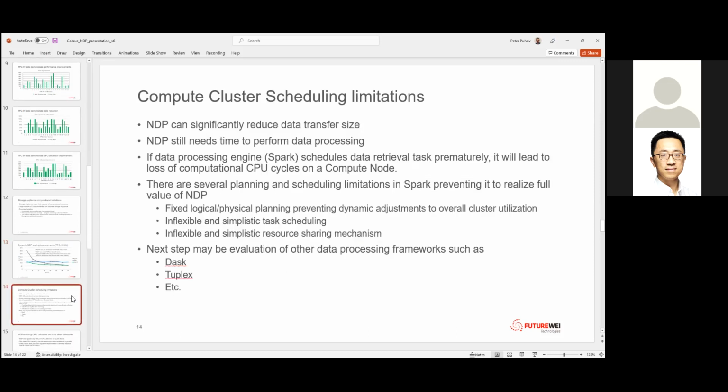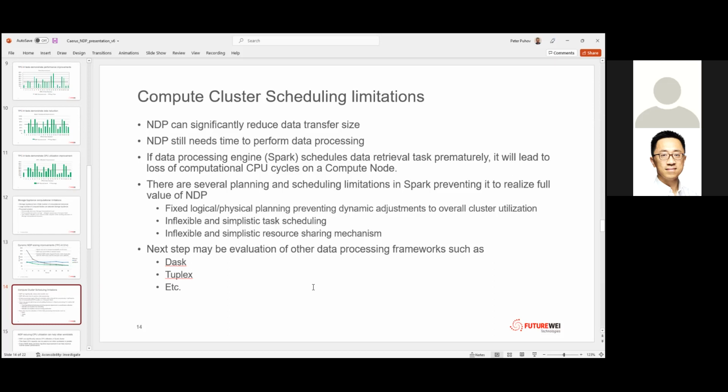The next one is the scheduling limitation. NDP can reduce the data as we talked about, but it still needs some time to process the data, right? Today, when Spark creates a logical plan, it distributes it to tasks, and those tasks are not aware of any timing limitations.